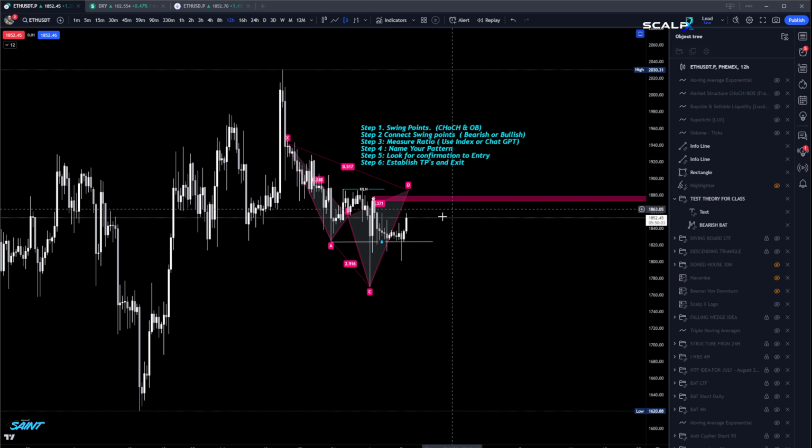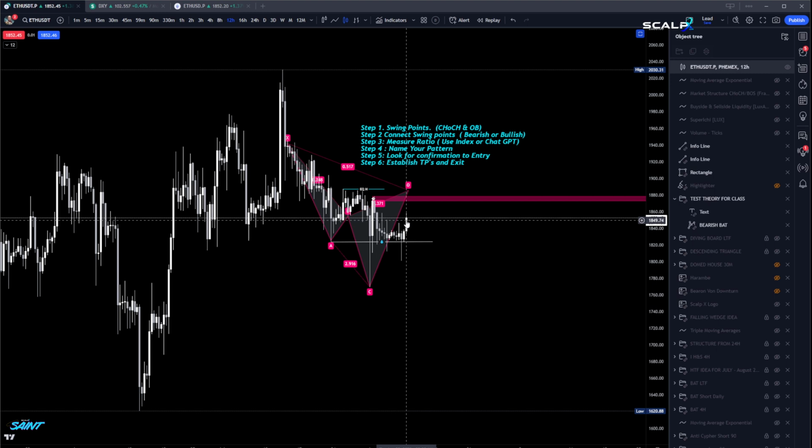So when you're taking profits, wave B, hear me. Wave B will determine how strong your pattern is. What I'm getting at is if we hit wave B and it bounces and it can't cross over that threshold, you have a weak harmonic.